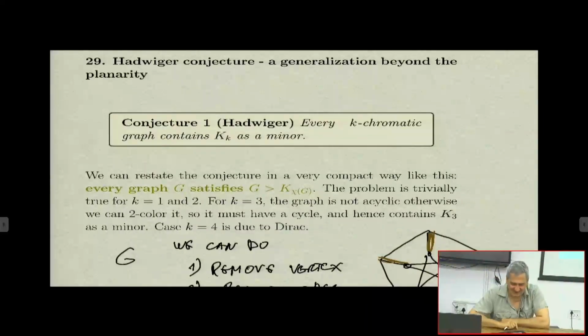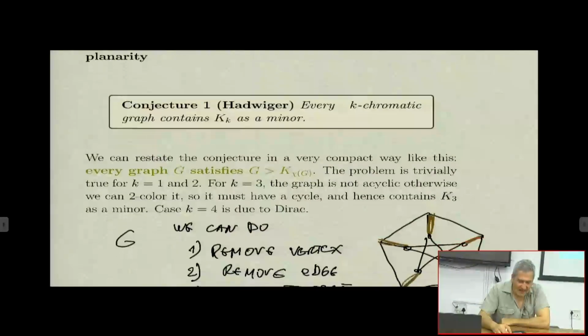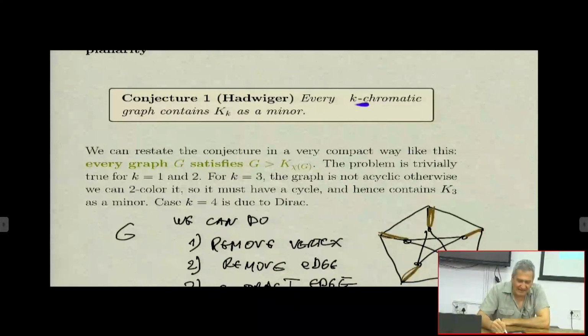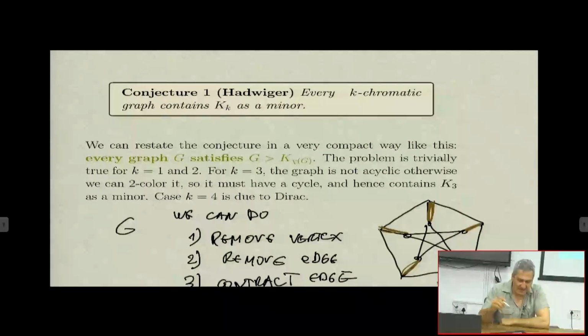He has a famous conjecture. Okay, so if the chromatic number of a graph is k, then it contains K_k as a minor. In a more compact way, you can write it like this.